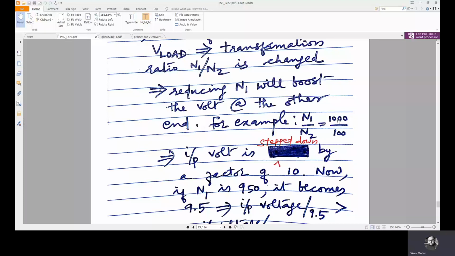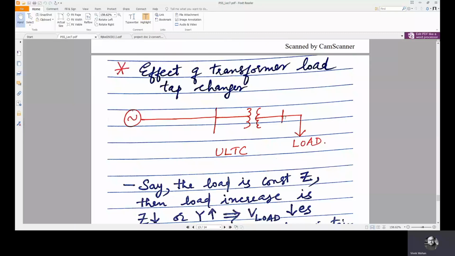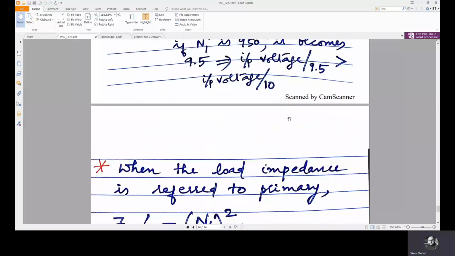Now it is stepped down by a factor of 9.5 only, which means the reduction in voltage is less and the load voltage is enhanced. So N1 by N2 is varied and VR is improved.